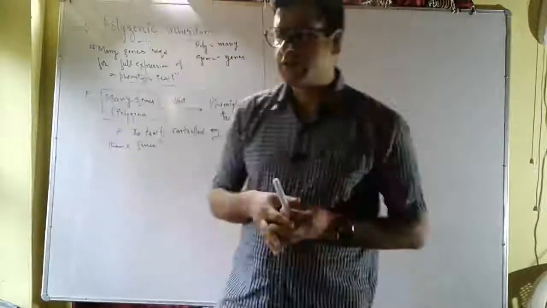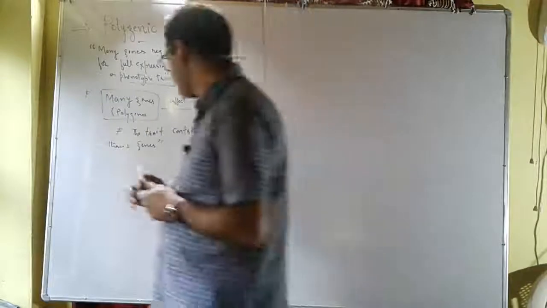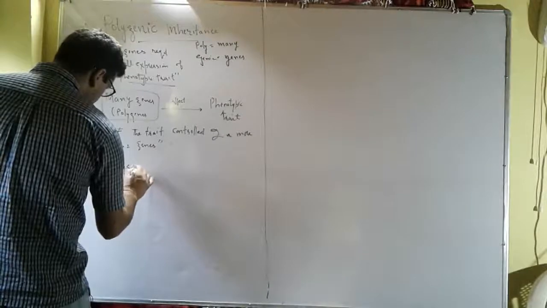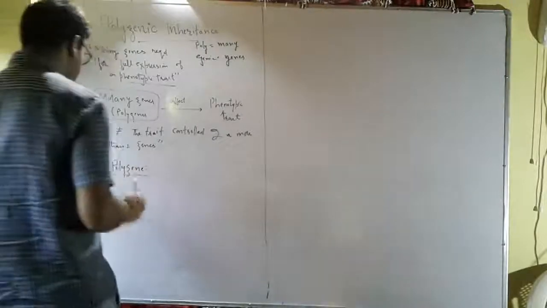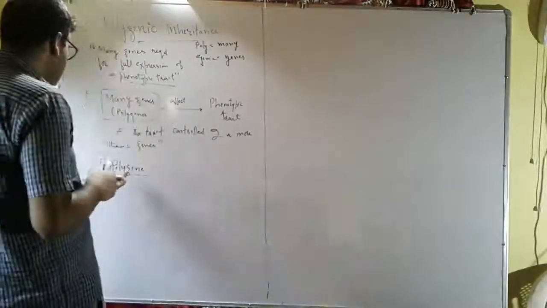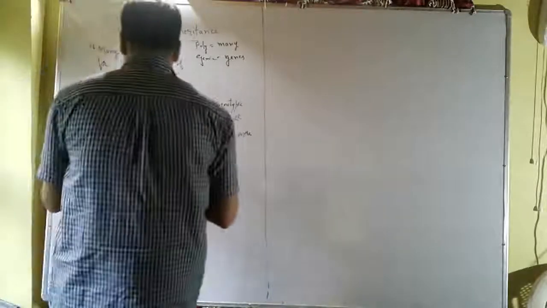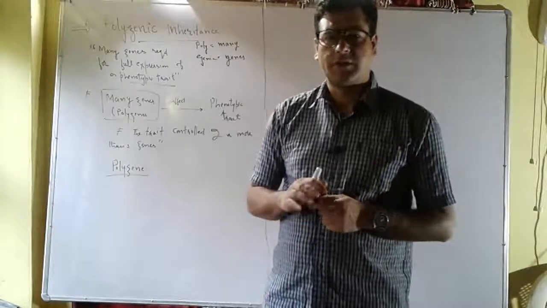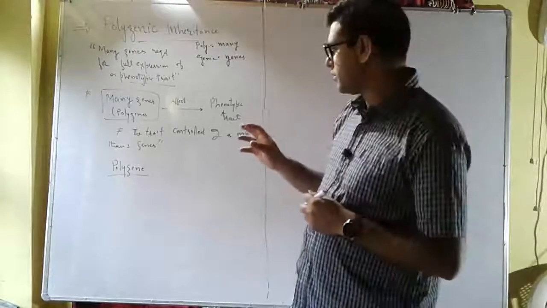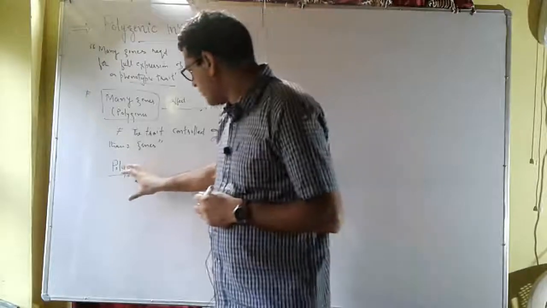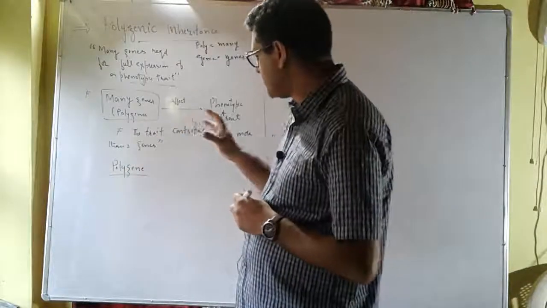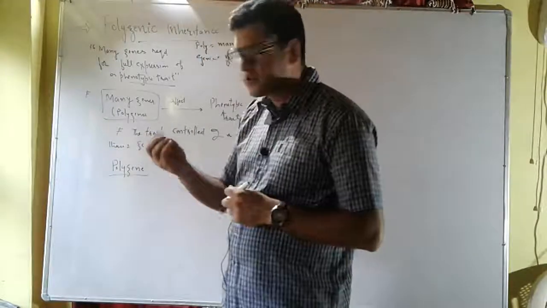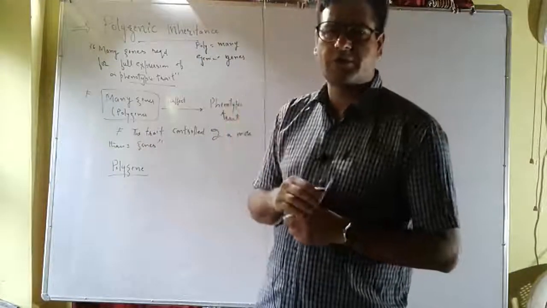And how can we define a polygene? A polygene is a gene where a dominant allele is required. A polygene is simply a gene where the dominant allele is responsible for partial expression of the trait.